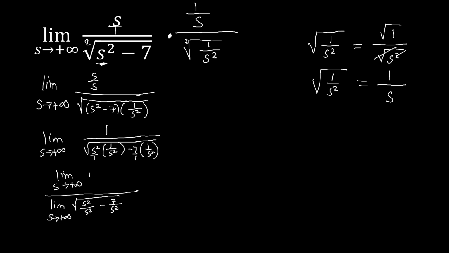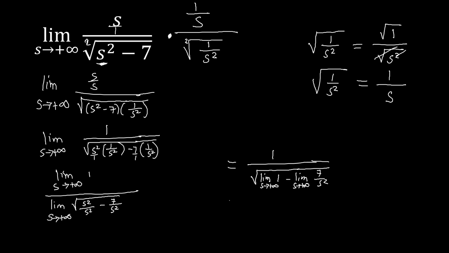Simplifying that one, the limit of 1 as s approaches infinity is still 1 over the limit. The limit here, you can actually get that inside the radical symbol. So the limit of s squared over s squared, that's 1. So the limit of 1 as s approaches positive infinity minus the limit of 7 over s squared as s approaches positive infinity.